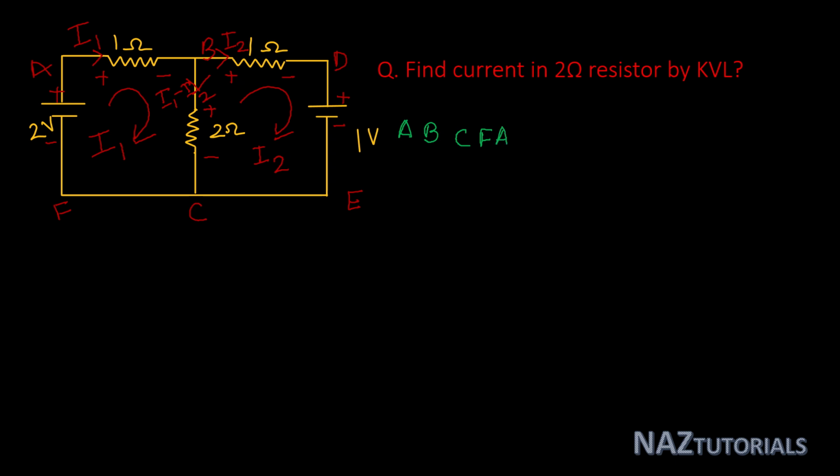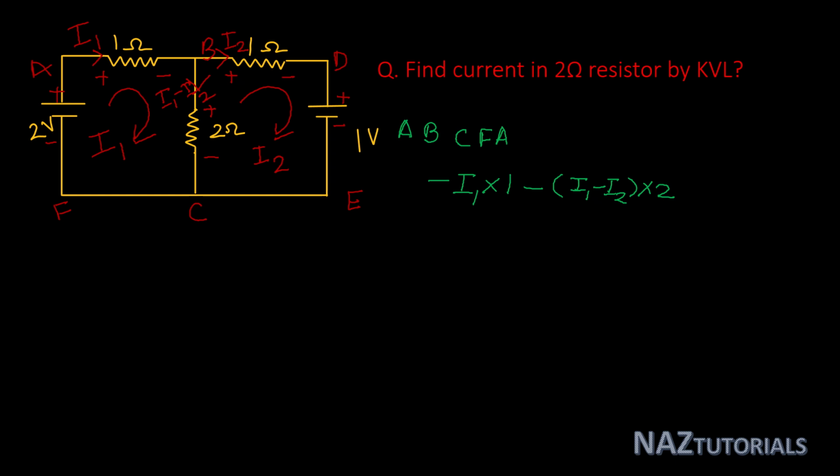Now apply KVL from A to B. There is a fall in voltage. Current is I1 into 1. And from B to C, there is a fall in voltage. Current is I1 minus I2 into 2.